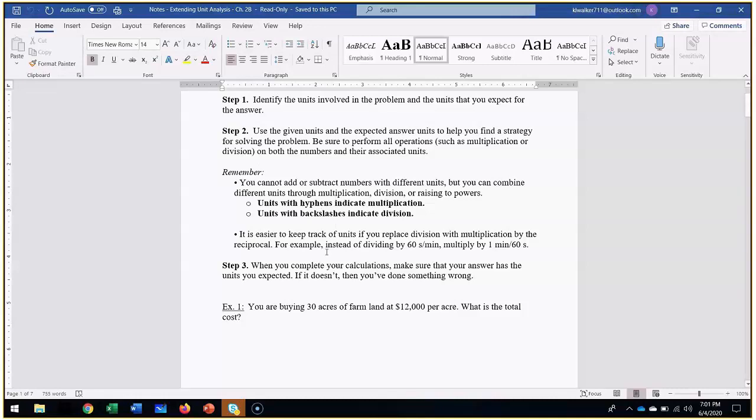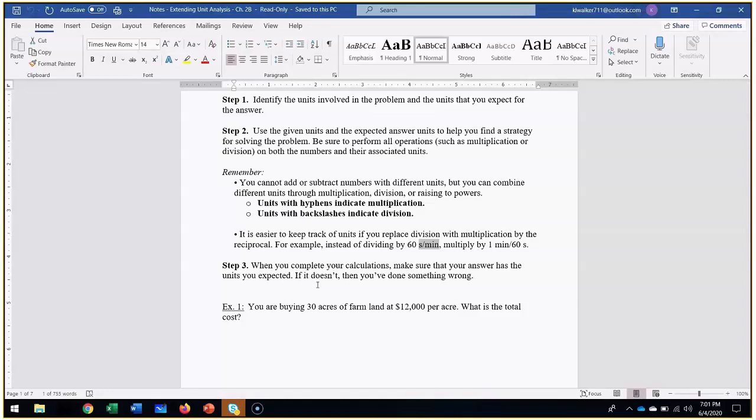When you see backslashes, oftentimes we just write backslashes like right here, that means division happened somewhere. So when you work it backwards, you can kind of undo it and work your way around it that way. Last but not least, it's a very important step, but people tend to gloss over this. Make sure when you're done that your answer is in the units that they're asking for.